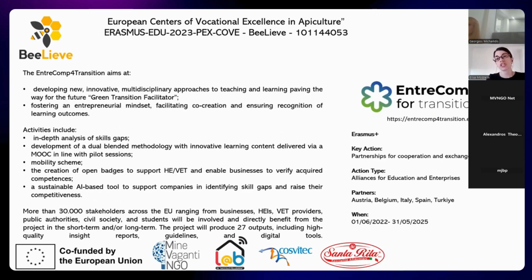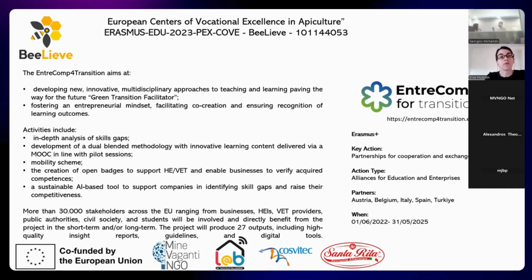A second project that was very interesting in this framework is called Entrecomp for Transition. Again, it's an Erasmus Plus key action partnership for cooperation and exchanges of practices among Austria, Belgium, Italy, Spain, and Turkey.